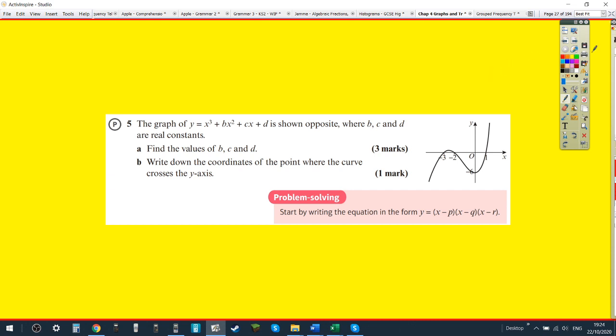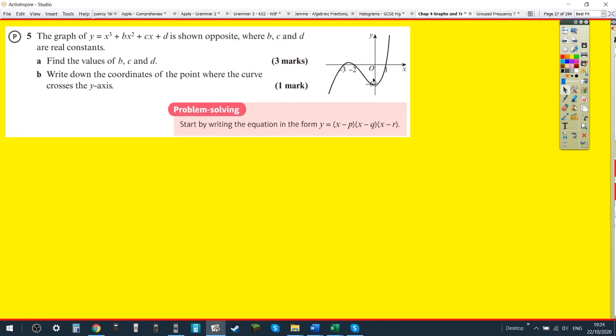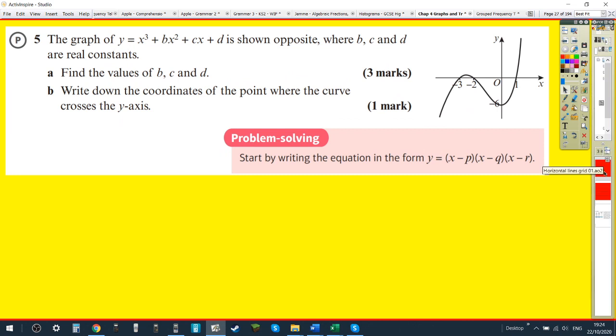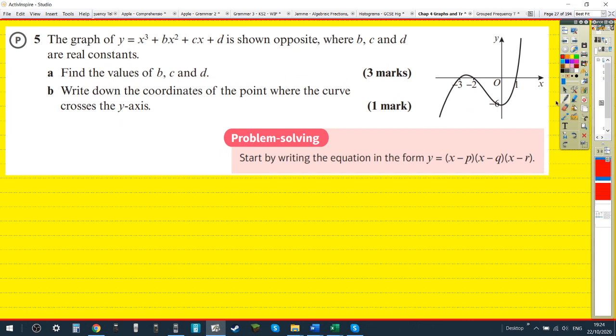So this one is working in reverse, is it? All right, we better do it. How about this one? So we know it's positive x cubed.